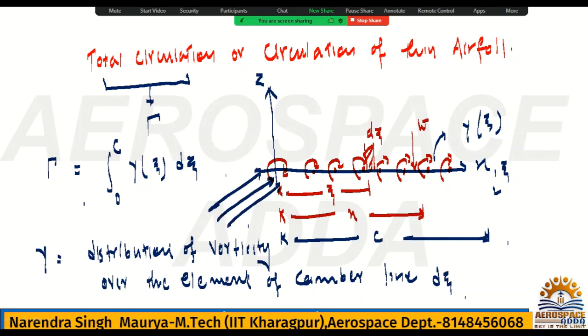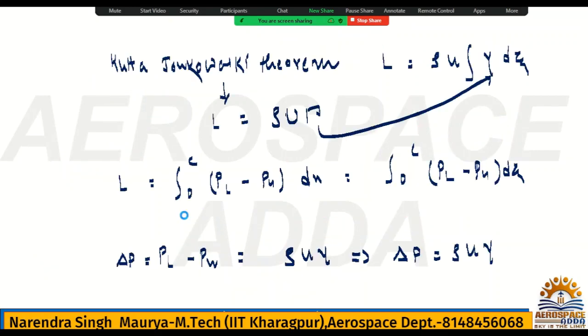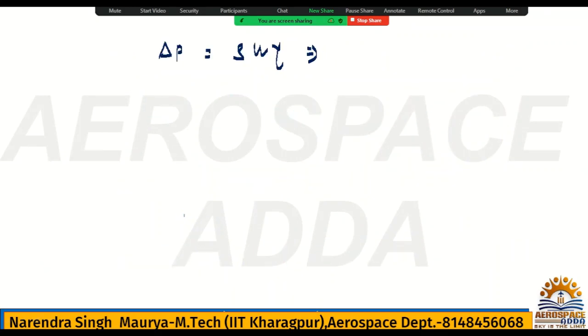This was the angle of attack alpha and this velocity was v infinity. So now you can replace it with rho v infinity gamma.